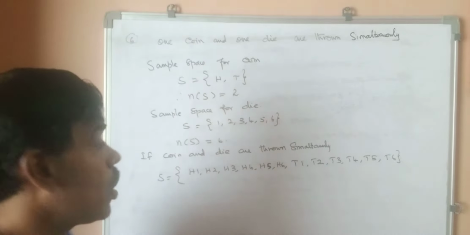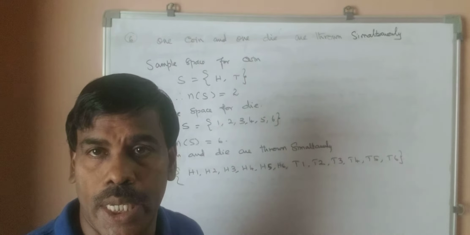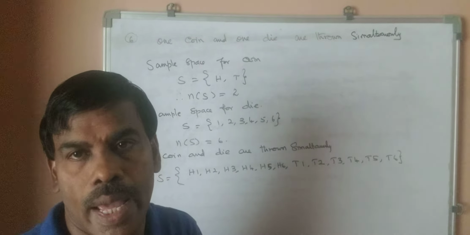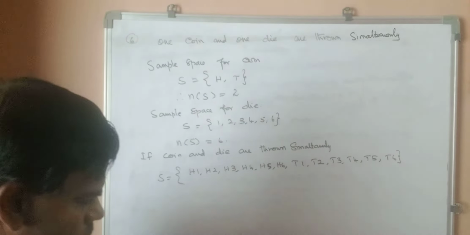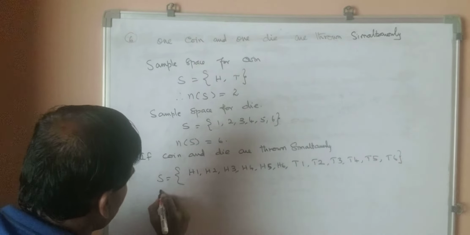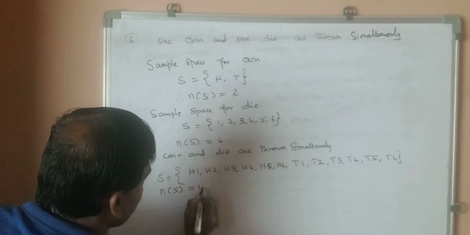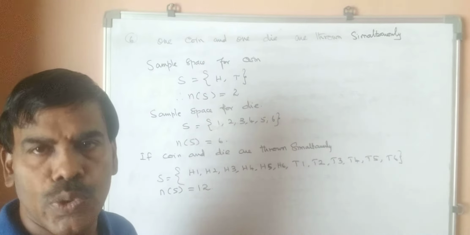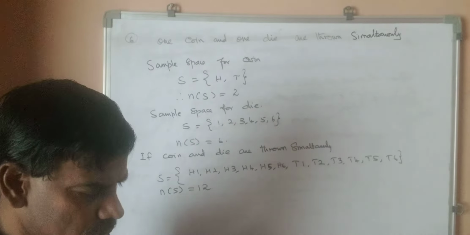See, these are the 12 various possibilities when you throw a coin and a die together. Now, how many sample points are there? 12. Can there be any other combination other than this? No. Okay. Now, sums we will see.